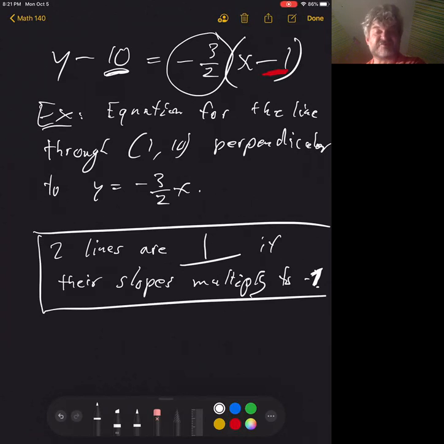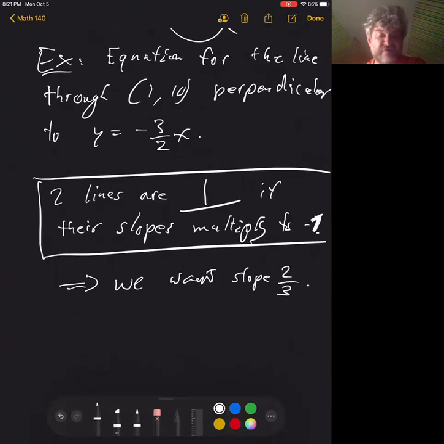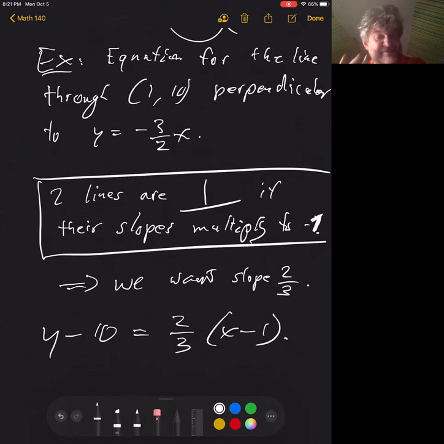The given line has slope -3/2, so the one we want has slope 2/3. Okay, and the point slope form does it again. We go y minus 10 equal, what slope did we want? 2/3 times x minus 1, and it's done.